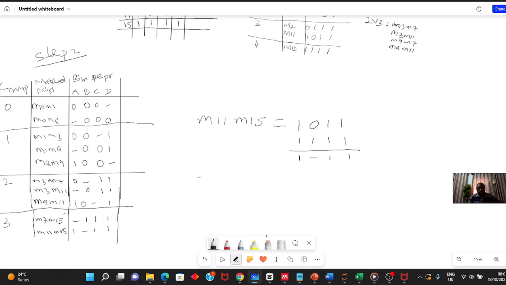Right? So that is for step 2. So there's going to be another table for step 3. So this will continue until you have the match pairs changing more than once. So you continue with step 2, step 3, until you have the match pairs changing more than once.